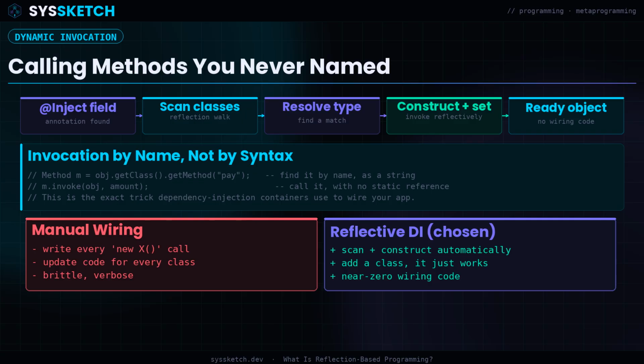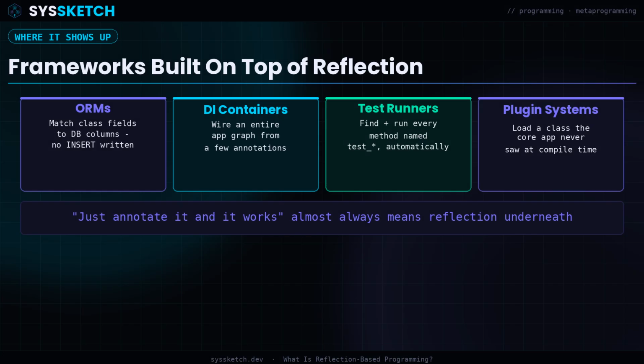The same mechanism lets a test runner find every method named test-something in a file and call each one automatically, or let a serializer walk an object's fields and write each one to JSON using nothing but its name and type.